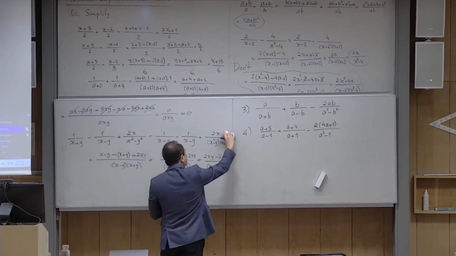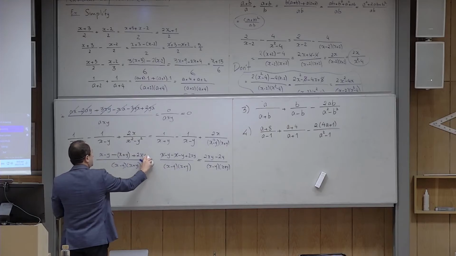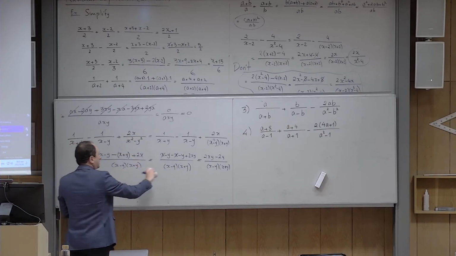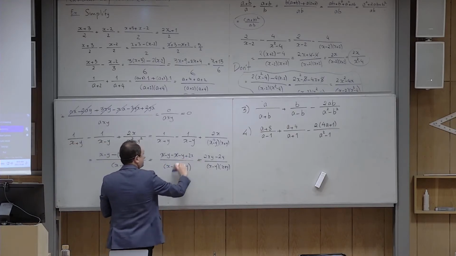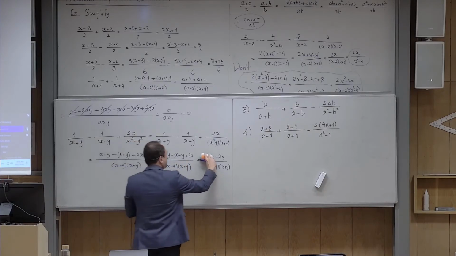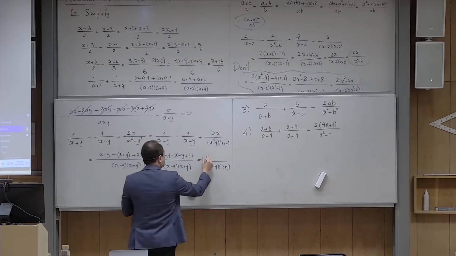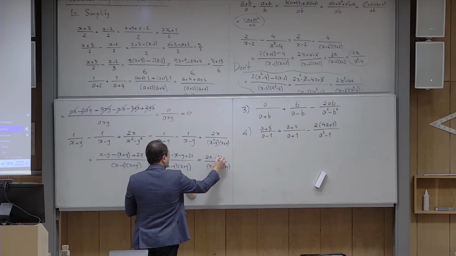So this is 2x. And then this will also be 2x. This will also be 2x, thank you. And then what happens? It becomes 2x minus 2y. So it becomes 2x minus 2y.